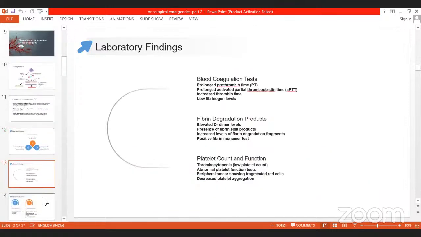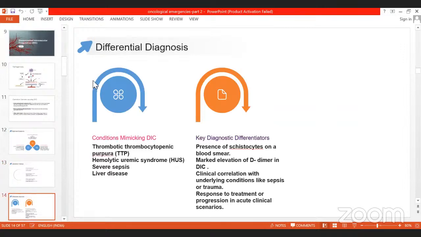In the lab, we do a blood coagulation profile, fibrin degradation products, and platelet count and function. For DIC, we need to rule out other causes like TTP, HUS, and severe sepsis. The key differentiators in the lab are schistocytes in the blood smear, elevation of D-dimer, and clinical correlation with sepsis or other trauma.